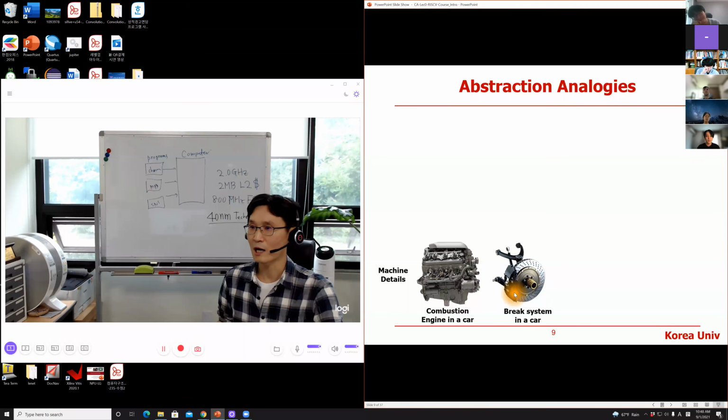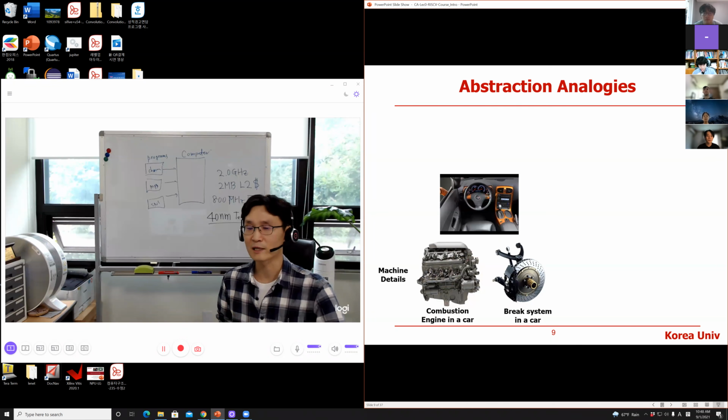Then the question is, how come you can drive a car without understanding this machine detail? Because the car is providing an abstraction layer. This car cabin is an abstraction layer. It says, don't worry about this machine detail, it's too complicated.